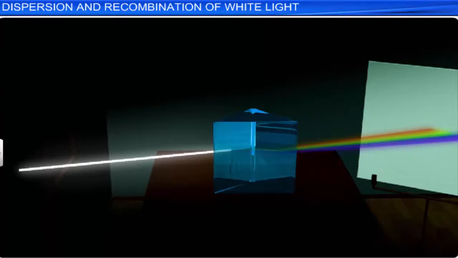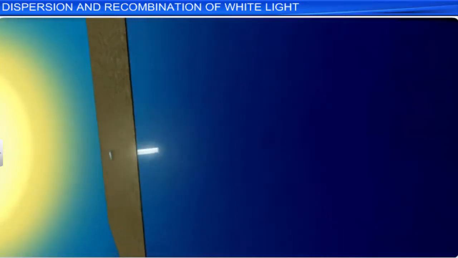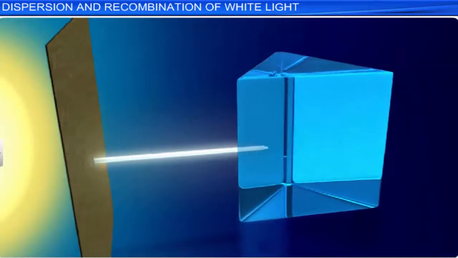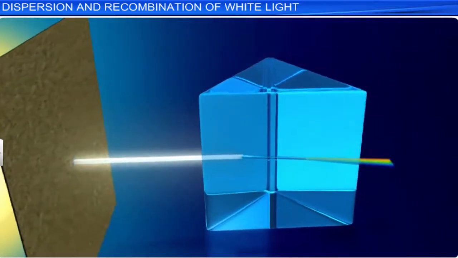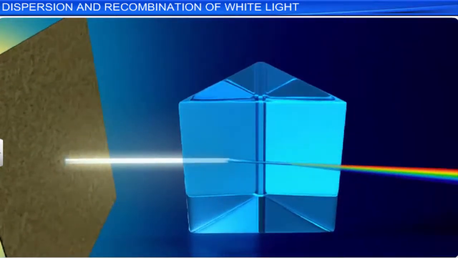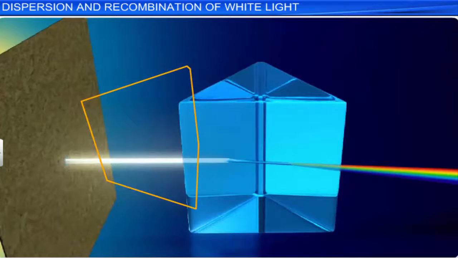The beam of light that emerged from the prism lit up a white screen in the colors of a rainbow. The splitting of white light into its constituent colors is called dispersion. It is important to note that the prism itself does not produce any color. Let us try to understand the actual cause.